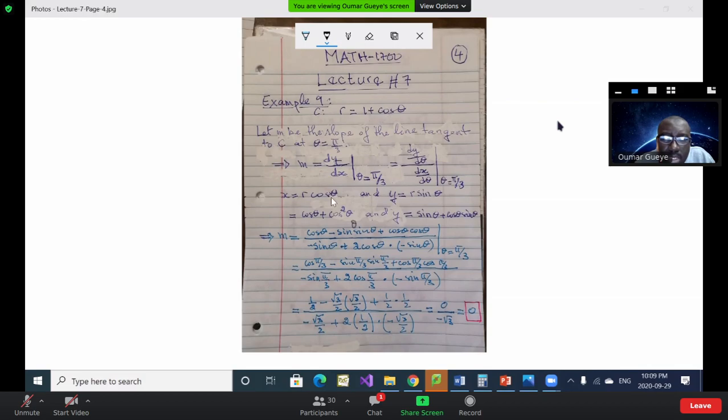You see? Now, if you substitute r by its value and multiply by cosine, it's going to be cosine of theta times 1. You will get cosine theta. And cosine theta here times this cosine is going to be cosine square theta. Is it okay? Okay, sir. That's okay.